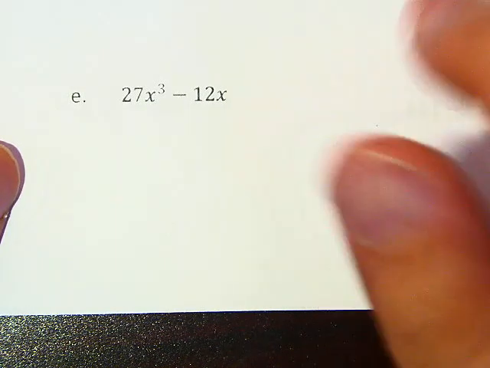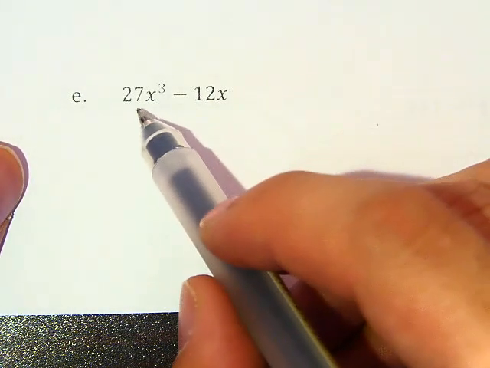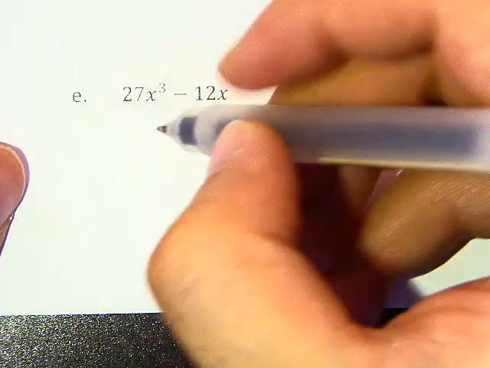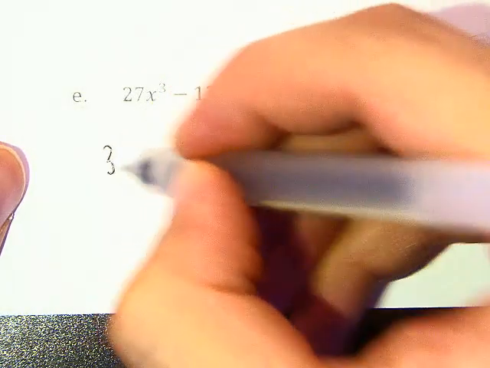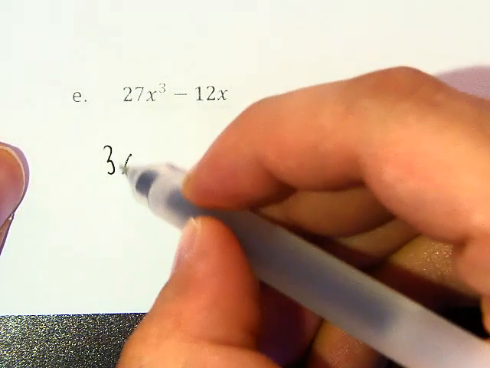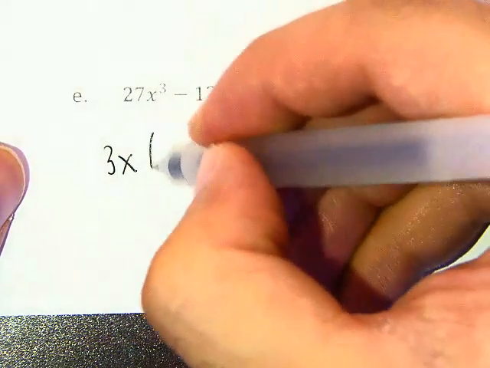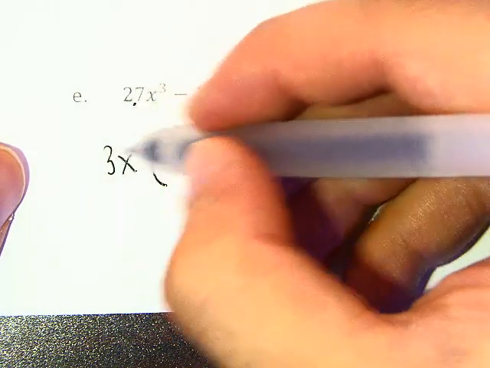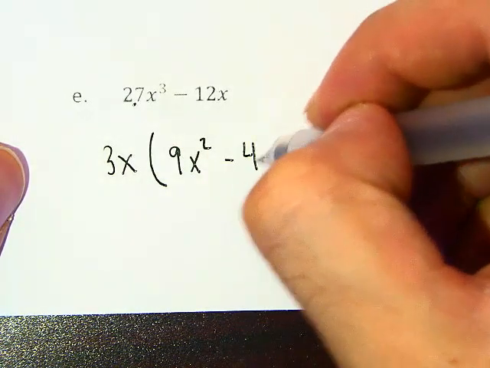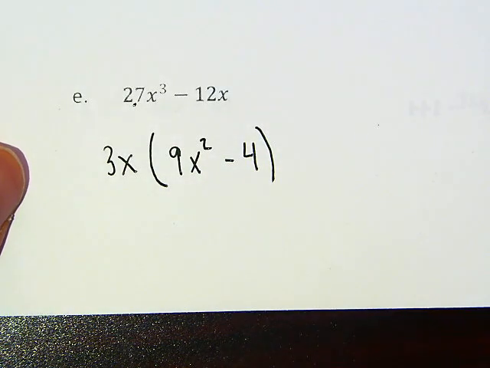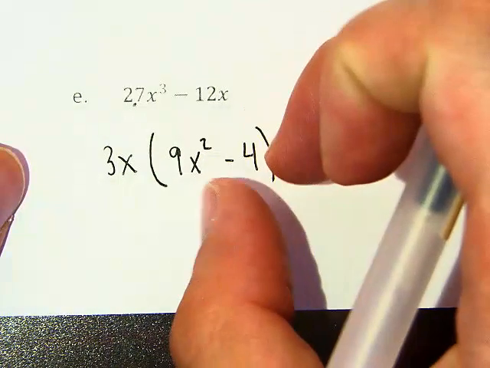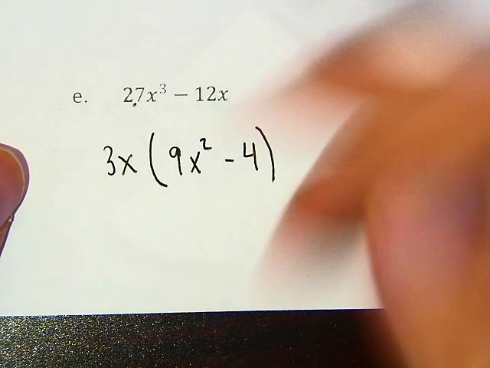Okay, how do we do this one? Let's see. What is the greatest common factor of 27 and 12? It should be 3. And the greatest common factor of x cubed and x is just x. So then I'm going to divide: 27 divided by 3 is 9. This is x squared. And this should be -4. Pause the video and try and see if you need to re-see that, because that was a little fast.